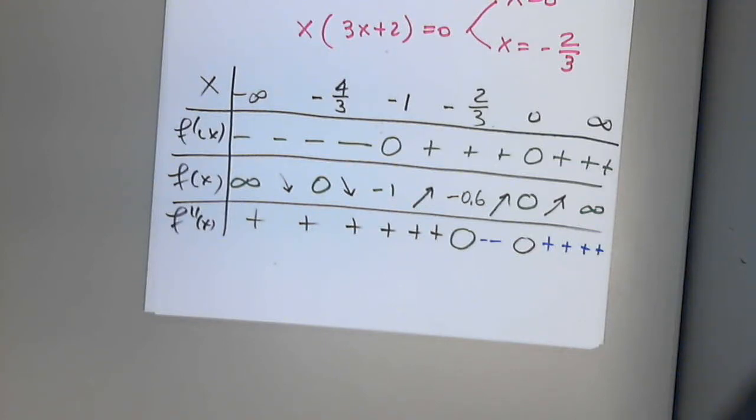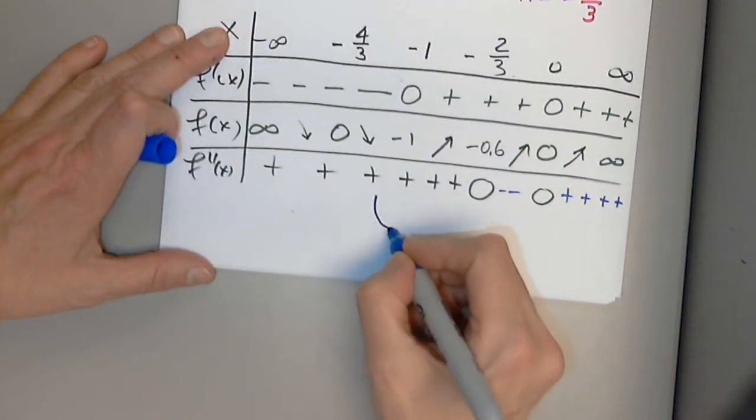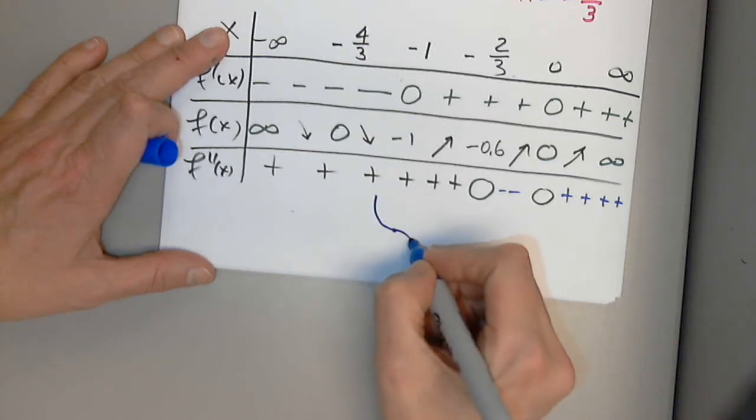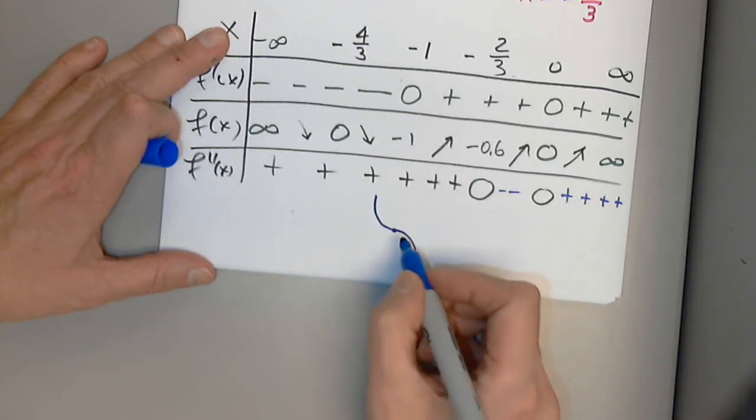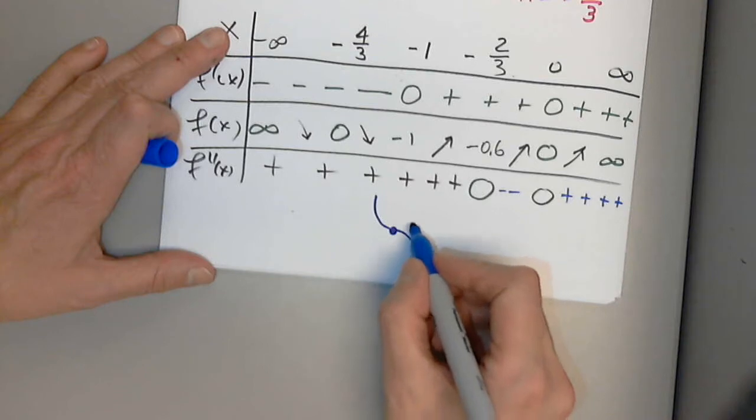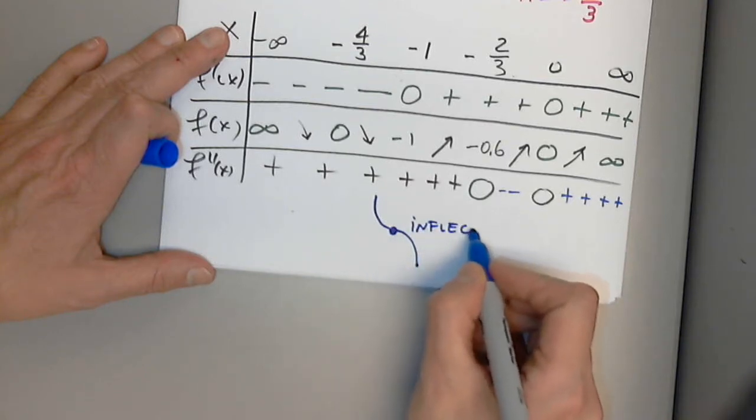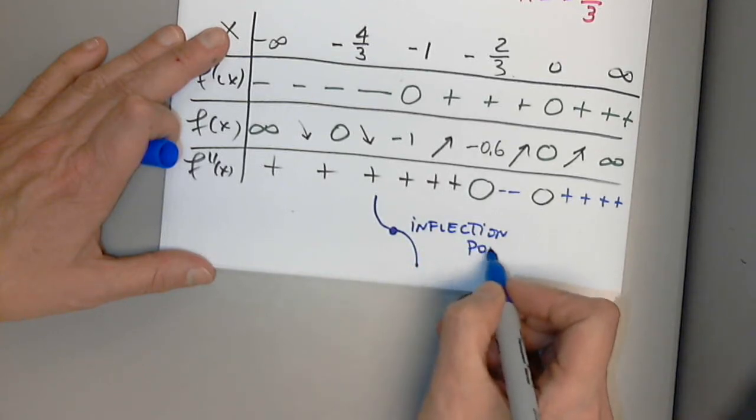But now, what does this point represent where the second derivative changes sign? From opening up to opening down. That's the number. Inflection point. From opening up to opening down, this point is not a max or min, but it's called an inflection point.